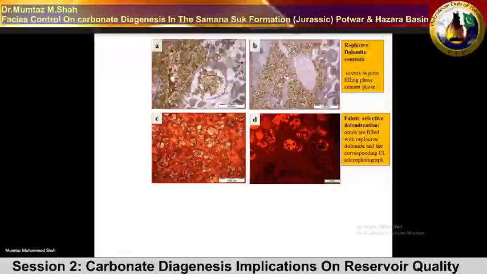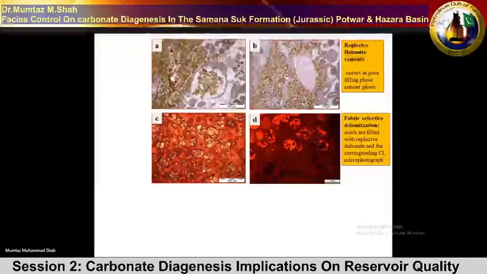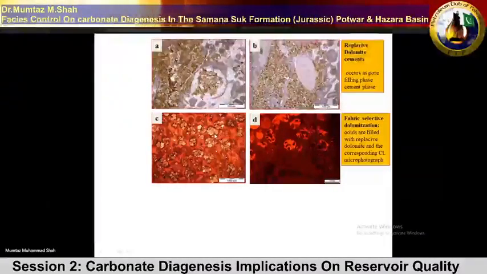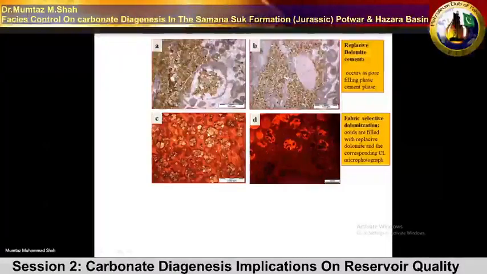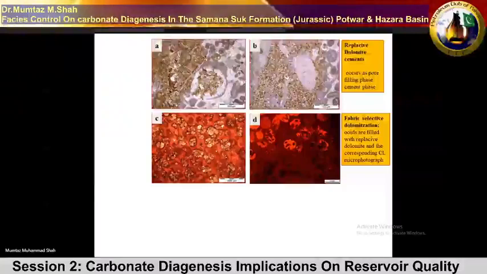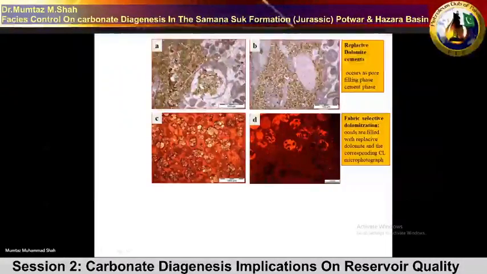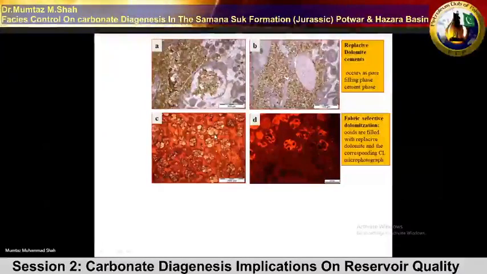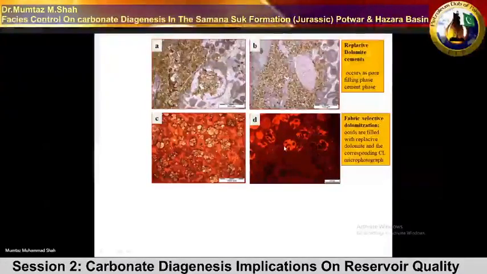So partial replacement can be seen over here. Similarly, the burrow filling dolomites are very clear in this photomicrograph C, where the isolated burrows are being filled by the dolomite crystals, and we can see the same under the CL microscopy as well.